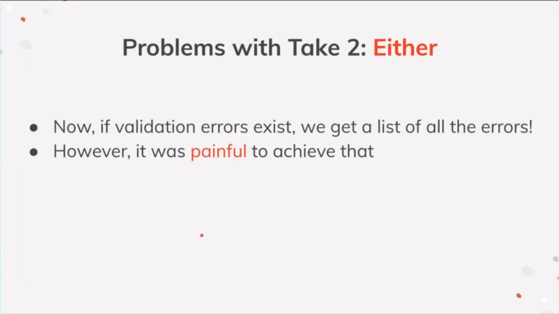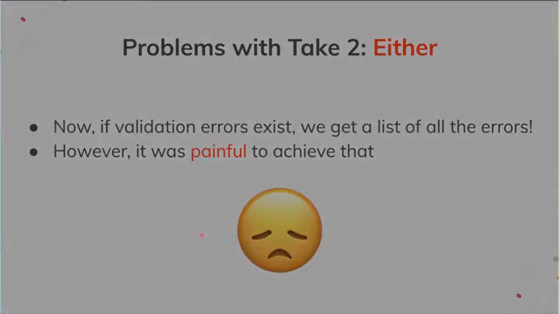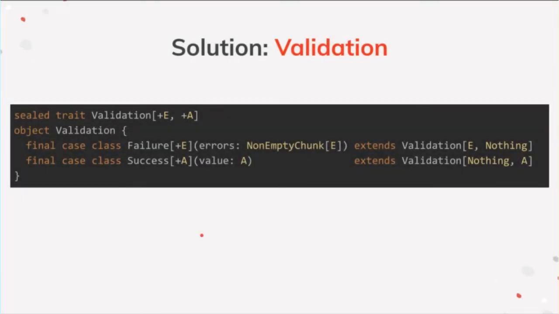So we have several methods for creating Validation values. For example, we have Validation.apply that receives any computation that returns a value of type A. If this computation throws an exception, that exception will be caught, and it will return an error of type Throwable.